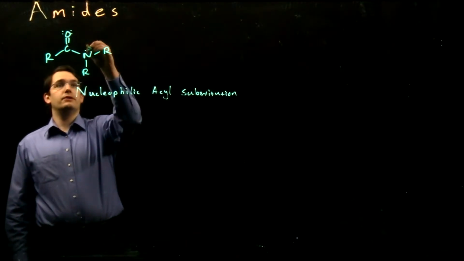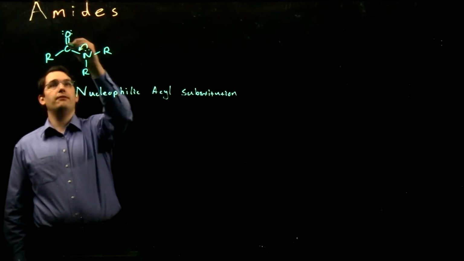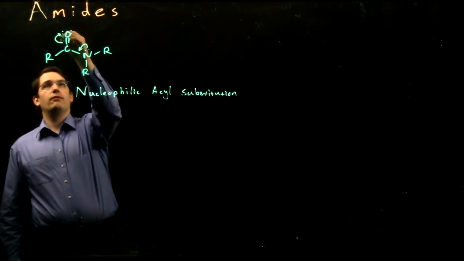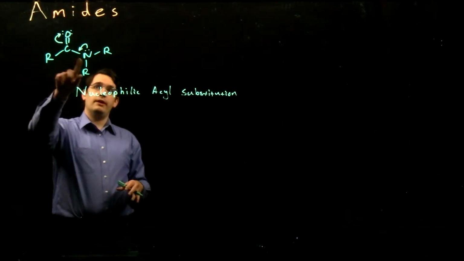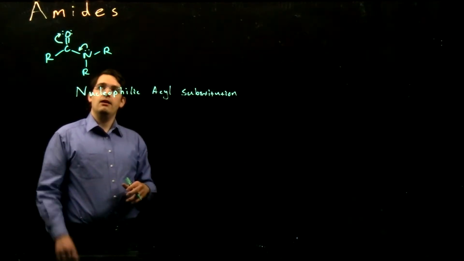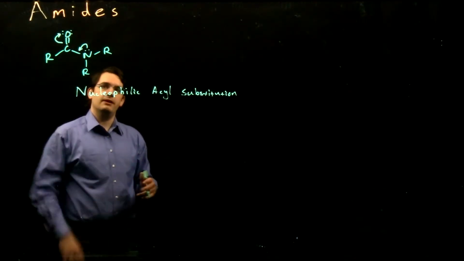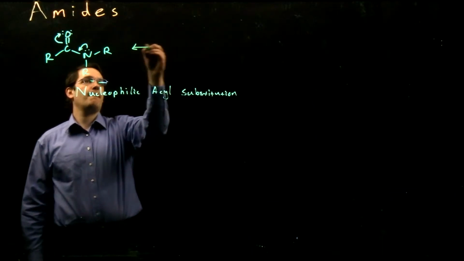This is in large part due to the strong resonance that we have in our amides, right? So our nitrogen is somewhat less electronegative, so it's willing to donate its electrons in towards our carbon and then ultimately towards our oxygen.